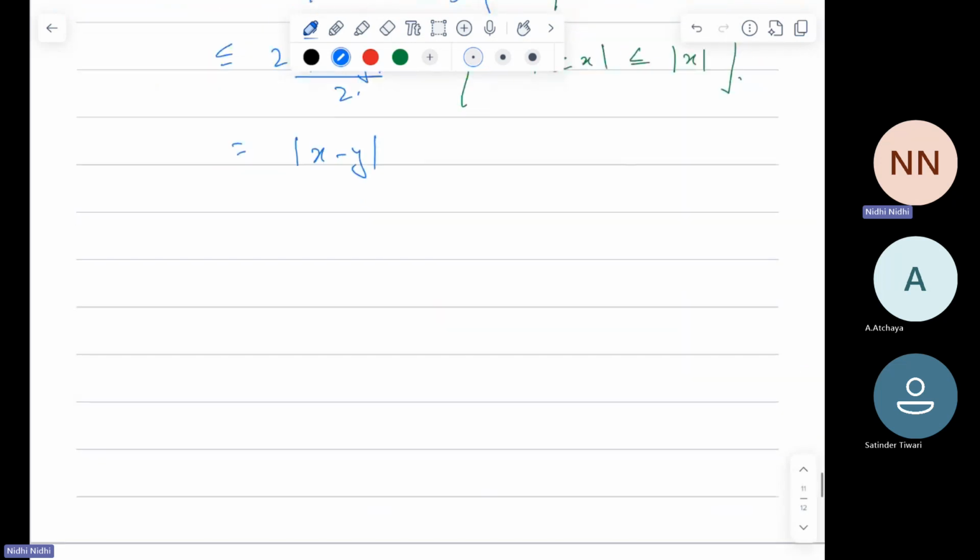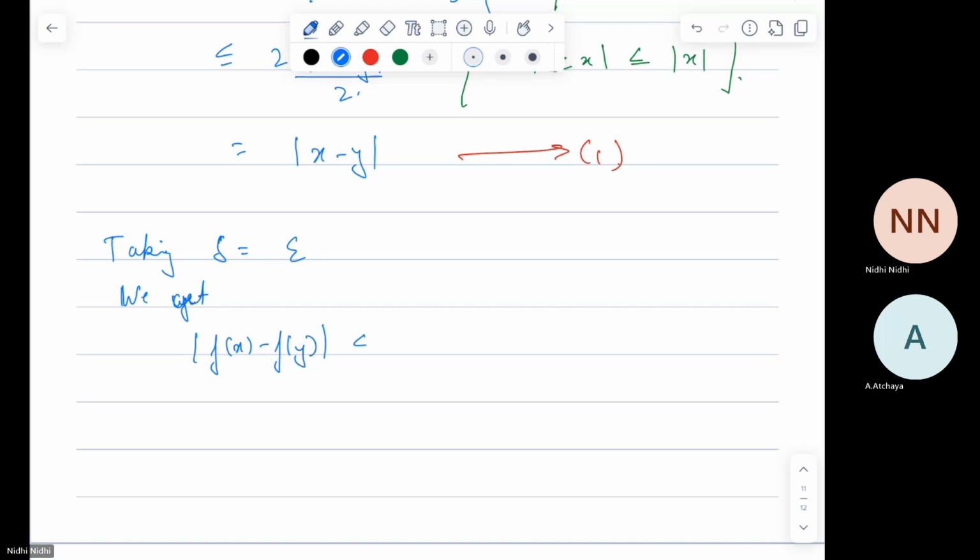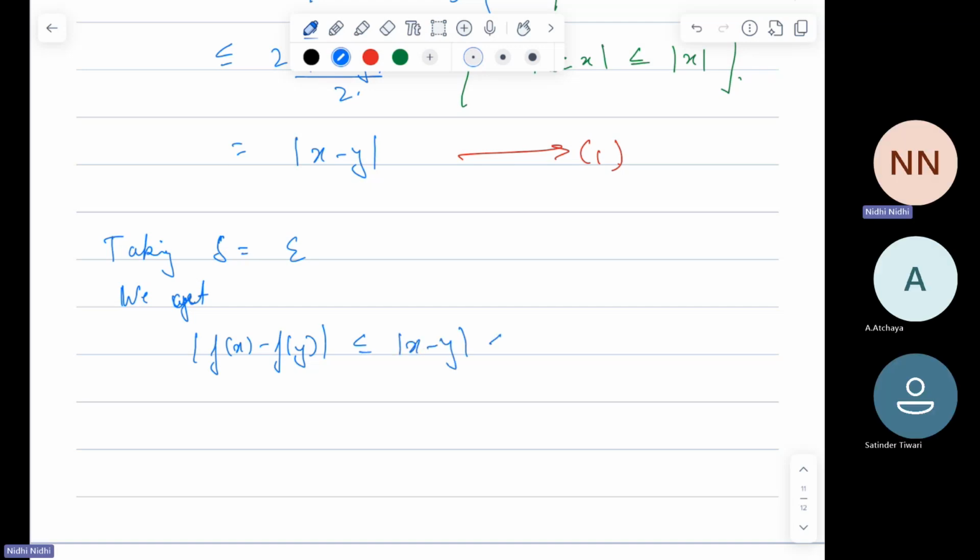Taking delta equal to epsilon, let me mark this as equation 1, we get mod fx minus fy is less than or equal to mod x minus y, which is strictly less than delta, equal to epsilon, whenever mod x minus y is less than delta.